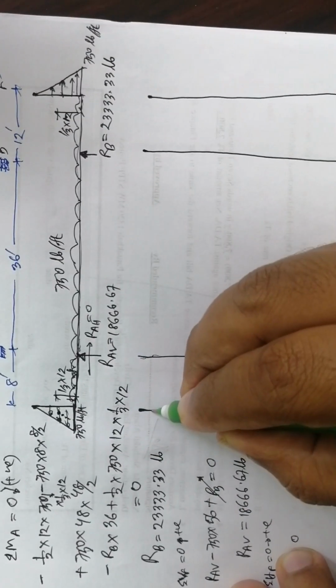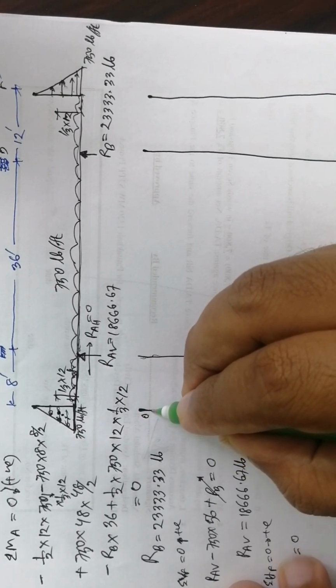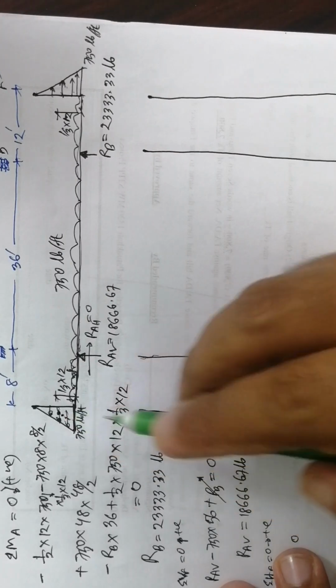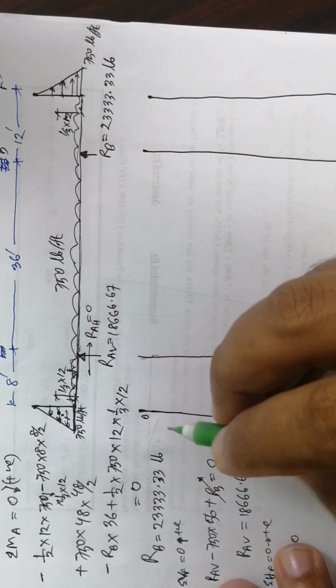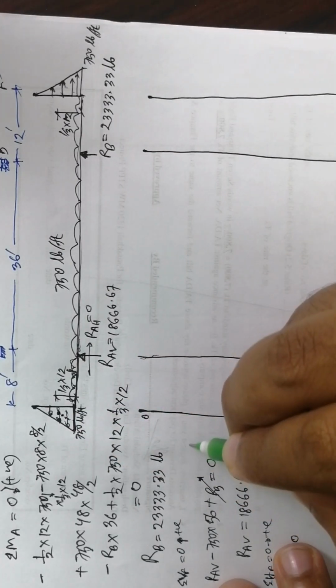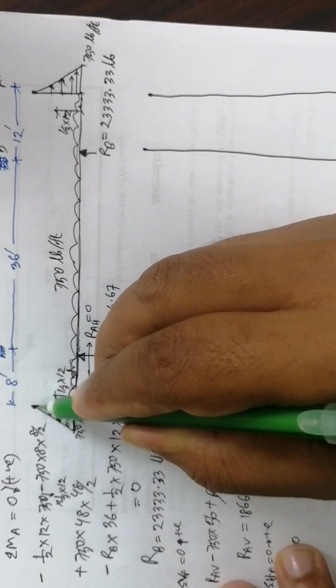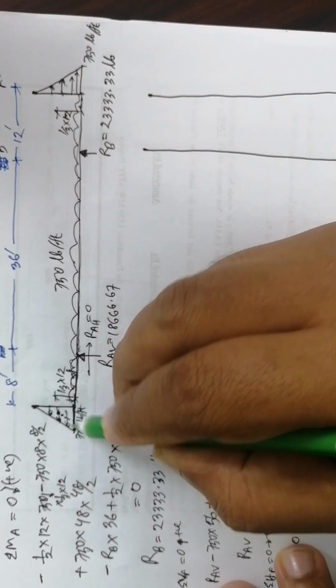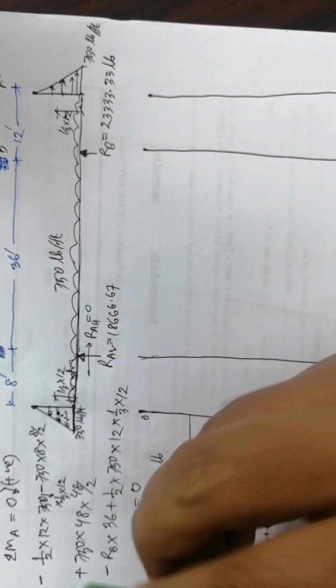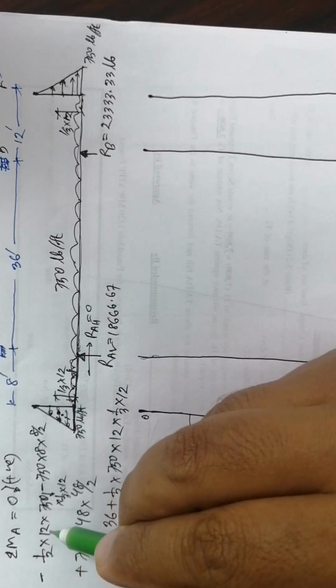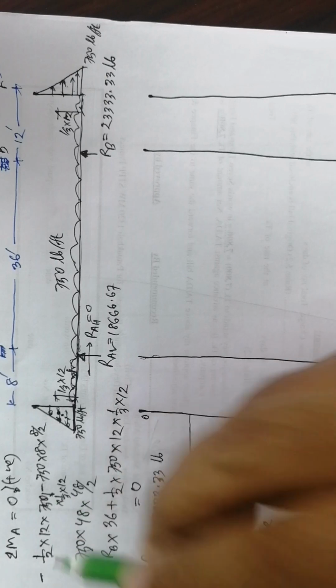Here it is 0, so it is like a cantilever, and here the force is this force, which is half of 12 and 750.